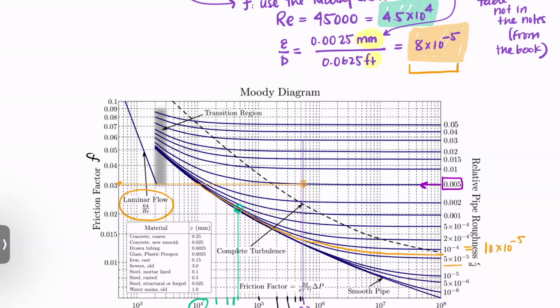All right, so this is our intersection point with our relative roughness curve. And then I'm going to draw this over to the left. And this is our friction factor. So our friction factor is approximately 0.022.